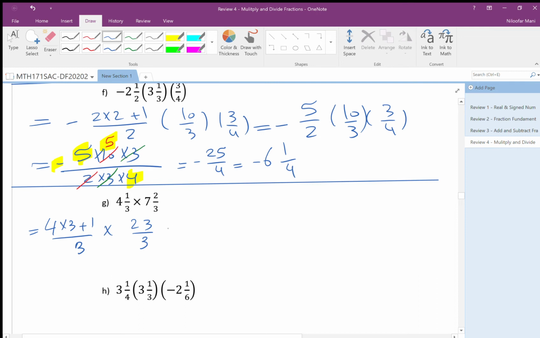Yeah, so it is 13 over 3 times 23 over 3, which is 299 over 9. I cannot simplify. So how many 9s do I have? 33 9s I have here. So it's that minus this. So it's 2 over 9 left. 2 is left. Oh, sorry.